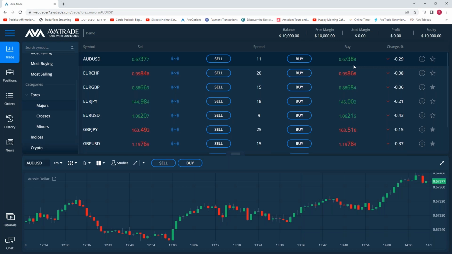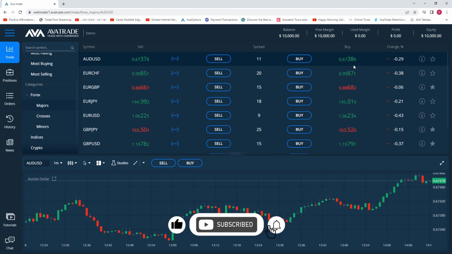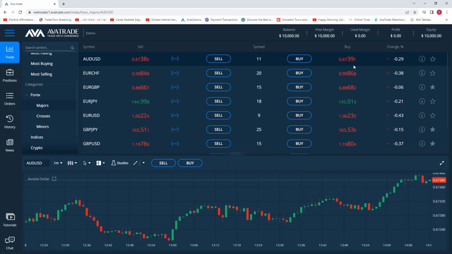So that's why at the end of the session, sometimes around 5 p.m. New York time, on the Forex market, especially in the currency, you see the spread widening because activity slows down. The banks are having the recess and so on, and then it goes back to normal. So that's, I guess, the understanding of the spread. There's nothing much actually to understand as far as the spread itself.